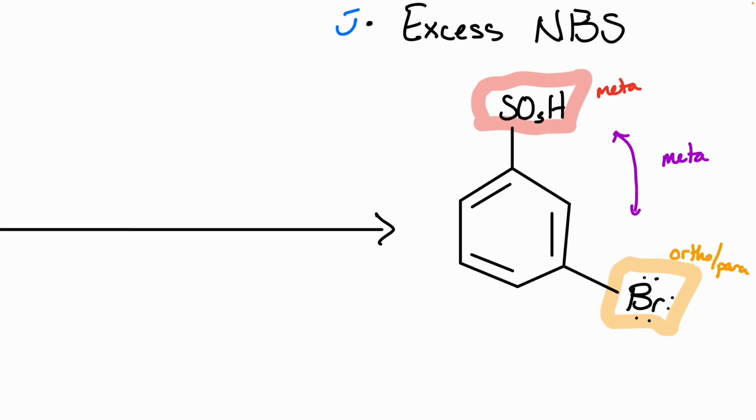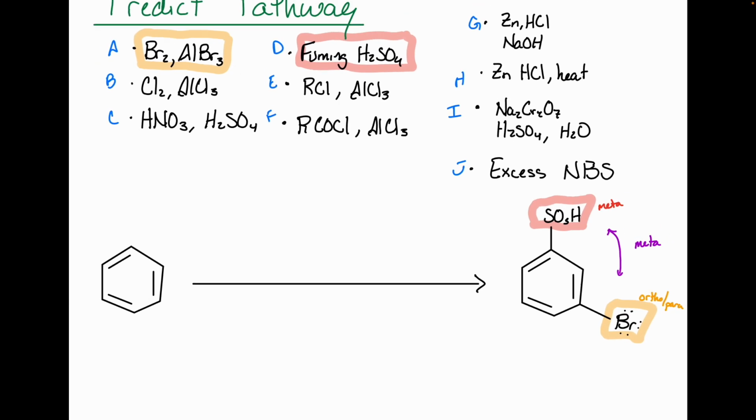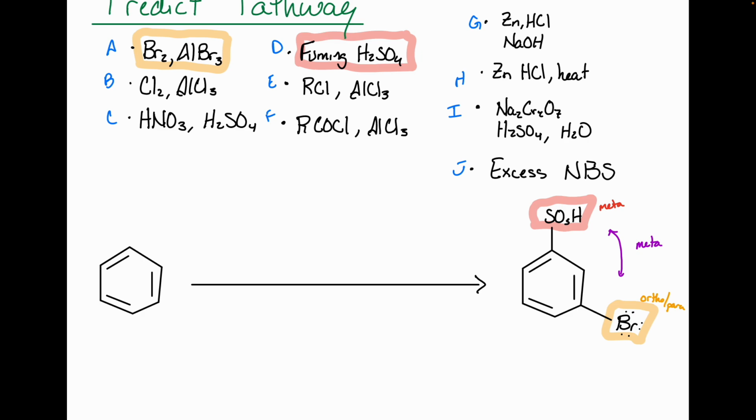So which one am I going to do first? A or D? D. So I'm going to need to first do that fuming sulfuric acid, and then I can do my bromination reaction.